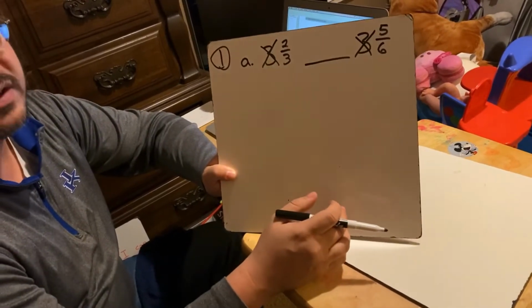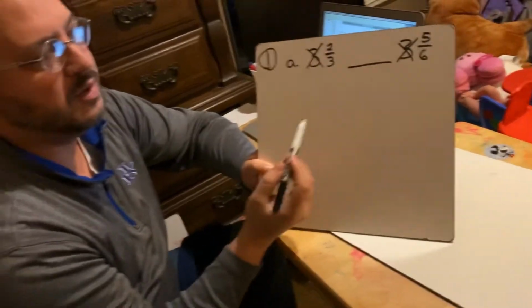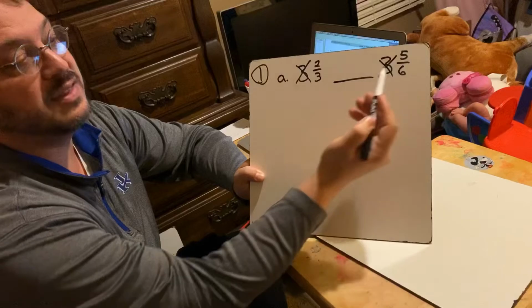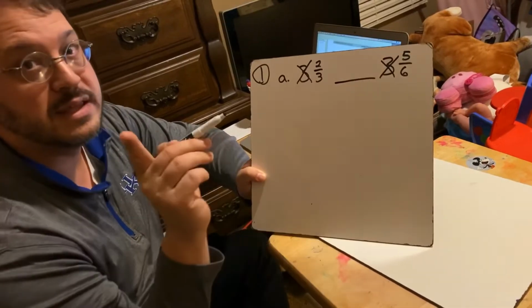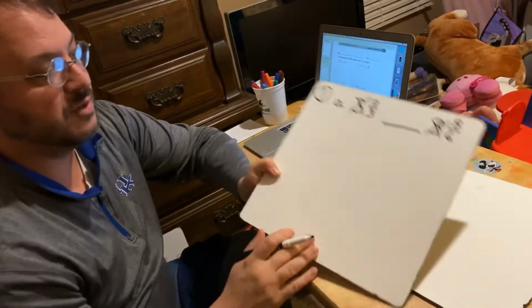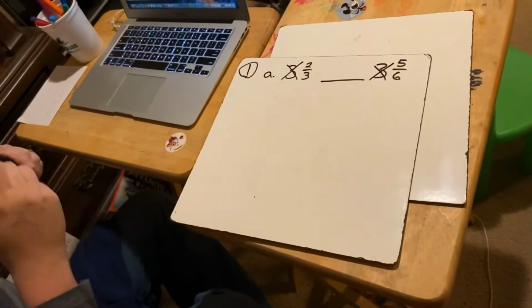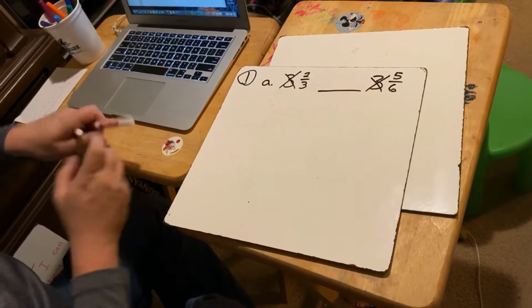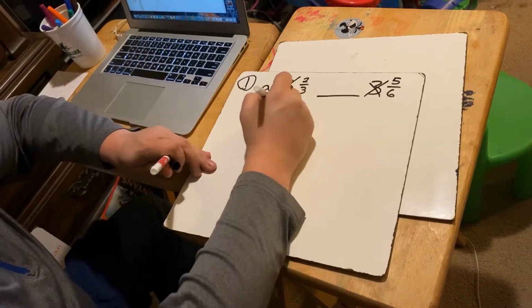But you know what? There is something I can do. I'm going to look at my smaller denominator, the 3. Can I multiply 3 by anything to get to 6? Yes. If I multiply that 3, my denominator, by 2, it'll become 6. So I'm going to rewrite this down here at the bottom.